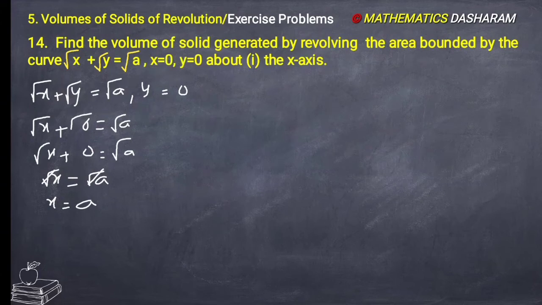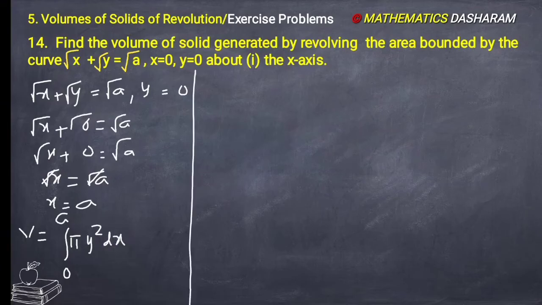So therefore the volume V equals integration from 0 to a of pi y square dx. So it is integration 0 to a, pi into y square.